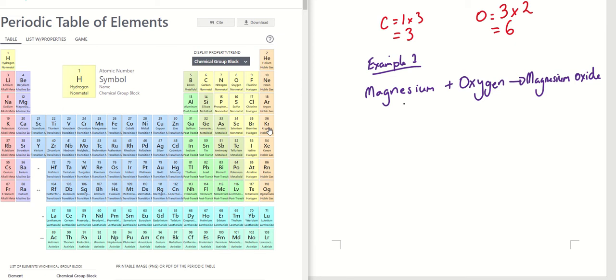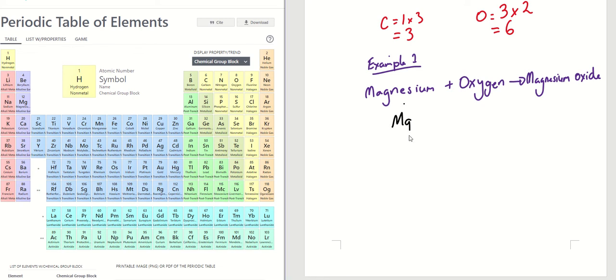So I'm going to rewrite the symbol form underneath these symbols here. We have magnesium, Mg, plus oxygen. It's actually O2 instead of O. The reason being, if you look at these elements here, nitrogen, oxygen, fluorine, chlorine, bromine, iodine, they actually come in pairs.